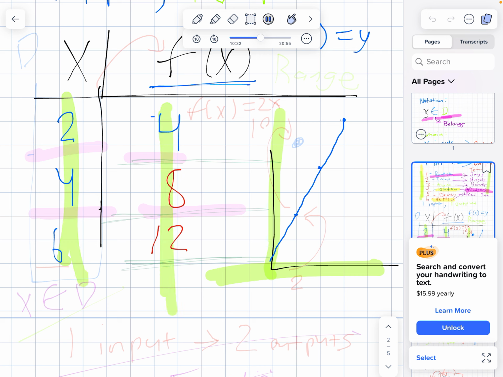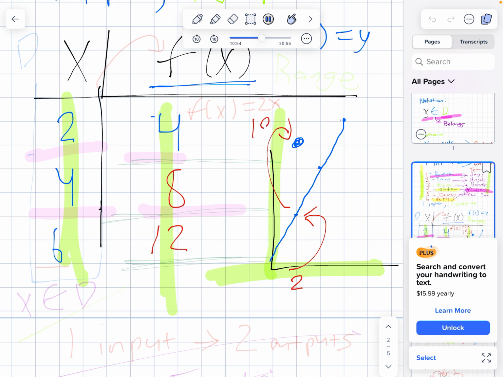Is this a function? Well, if you said no, you're correct because our input, which we said was 2, maps both to 4 and also to, let's say, 10.